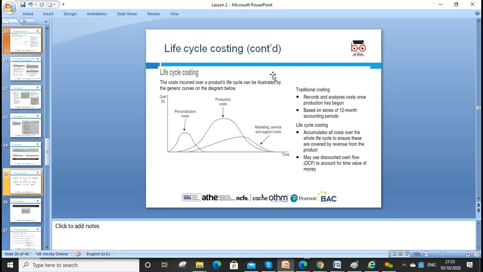Life cycle costing accumulates all the costs over the whole cycle to ensure they cover the revenue from the product, and makes use of discounted cash flow, the time value of money. Think about the time value of money: 10 pounds you have today and 10 pounds you will get in the future. 10 pounds today is worth more than 10 pounds you will get in the future.